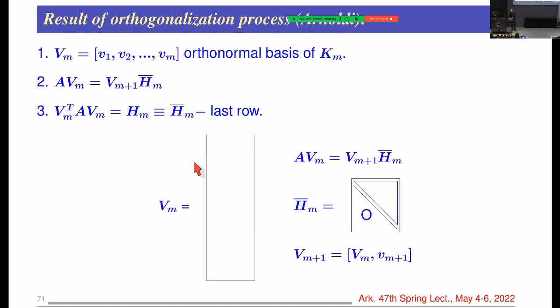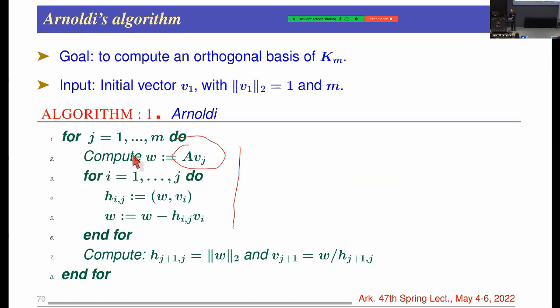And in the process, you get an orthogonal basis, obviously, by construction, but you also have this relation here, which comes from the fact that AVj is a combination of Vj+1 and the other Vi's.